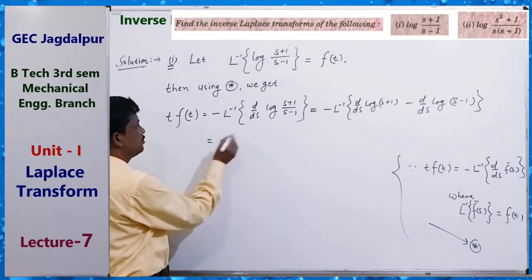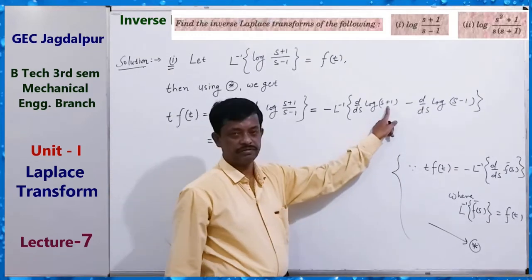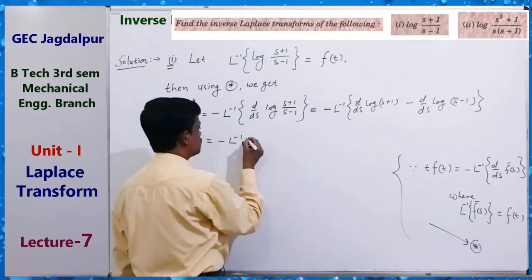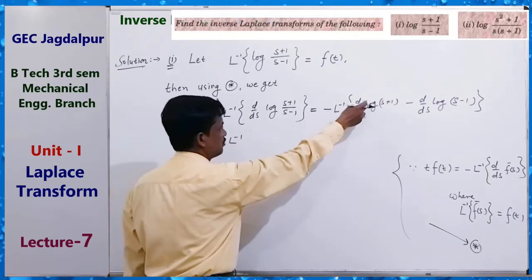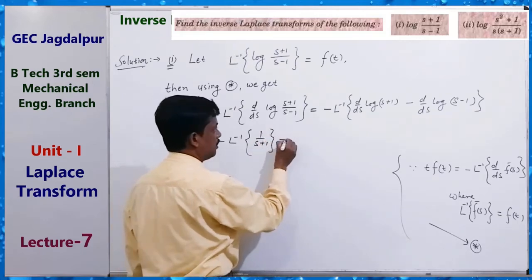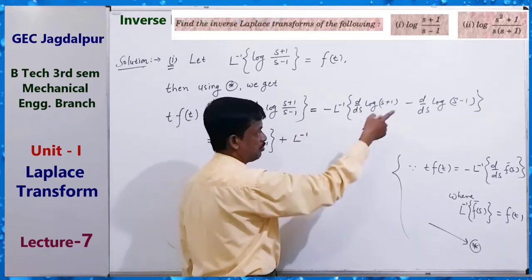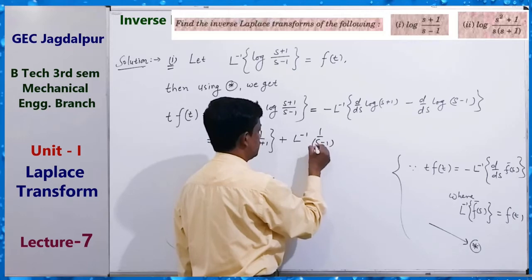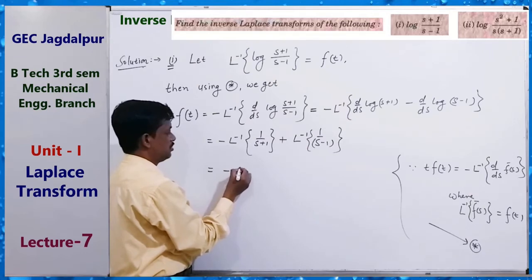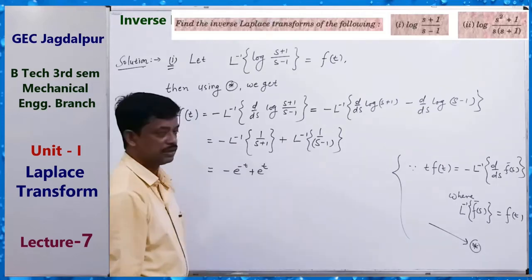So this equals minus L inverse of the derivative with respect to s, 1 by (s plus 1) into 1. So minus L inverse of 1 upon (s plus 1), minus minus plus L inverse of 1 upon (s minus 1). So this is equal to what? Minus e to the power minus t plus e to the power t. Clear?